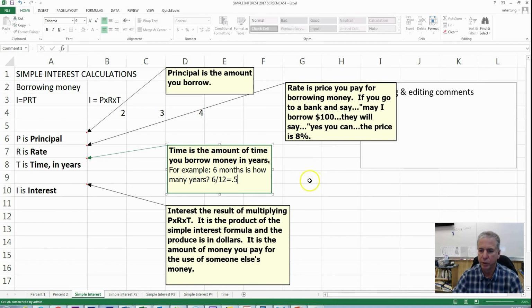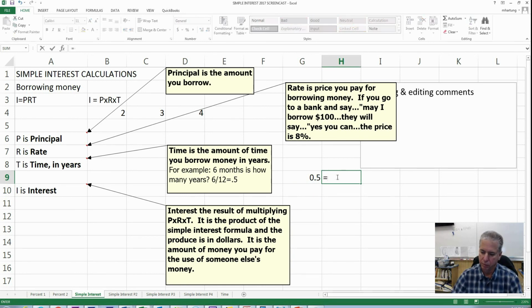If we're not sure, we could always come out here and use Excel as a calculator and put equals 6 divided by 12. 0.5. Let me give you a problem to do. How many years is 7 months? I don't know. I need to calculate it.